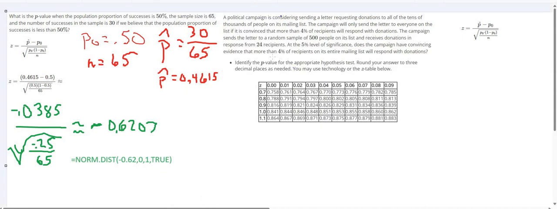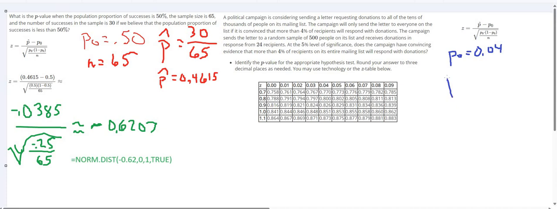They have a political campaign that's considering the letter to send. We're convinced that more than 4% of recipients will respond with donations. So that means our p sub 0 here is going to be 0.04.